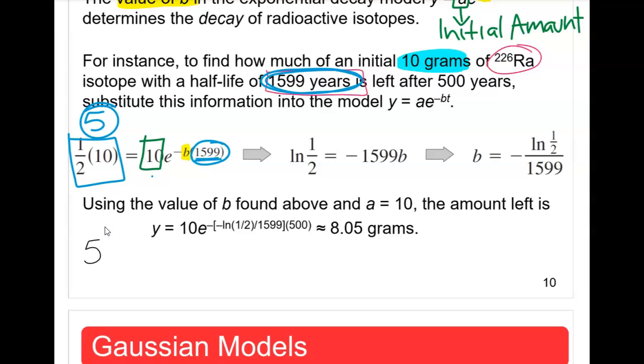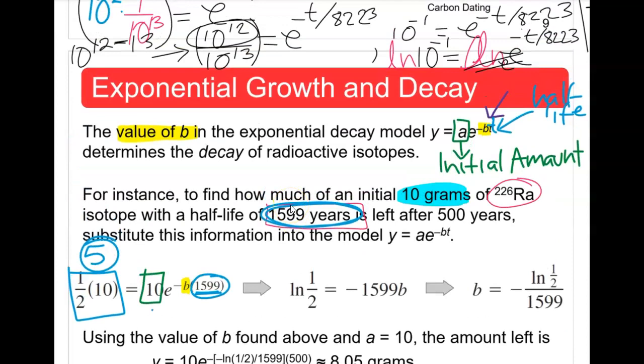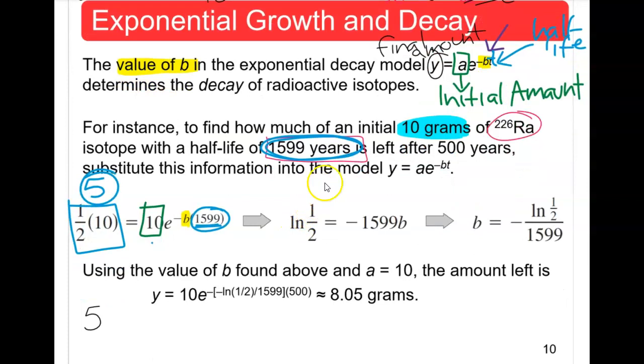So we use a 5. Oh, and by the way, that is the final amount. I forgot that. So the output is the final amount, or the amount after so many years. So remember, t is the independent variable, so the amount depends on the time. So for the final amount, it's 5 because it's half. Since the half-life is that, we want half of 10 grams. So then this will be a 5.